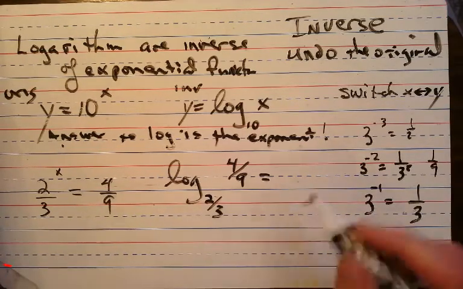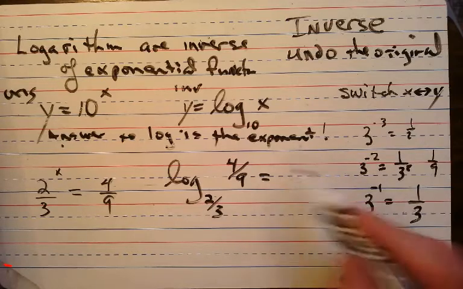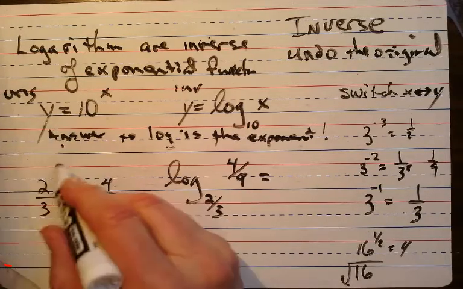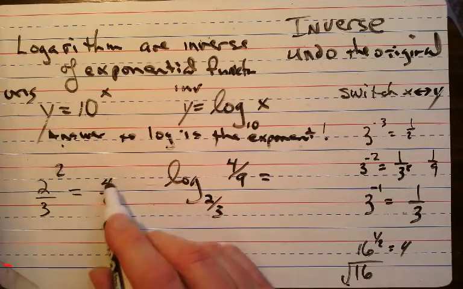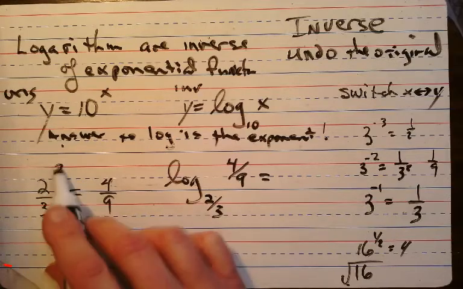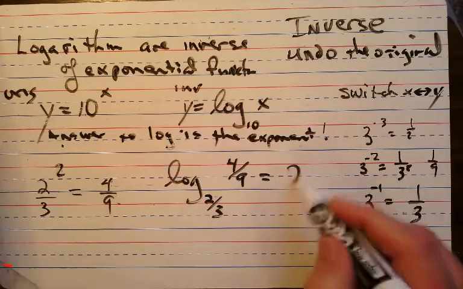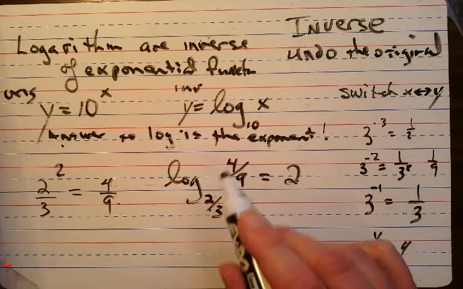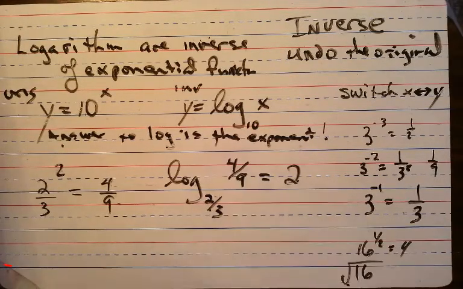That's the question. What is the exponent that makes 2/3 into 4/9? Well, hopefully you know 2 to the 2nd power is 4 and 3 to the 2nd power is 9. So that means 2 is the exponent that makes 2/3 equal 4/9. Solving logarithms, always look for the exponent that makes it work. That's the whole thing.